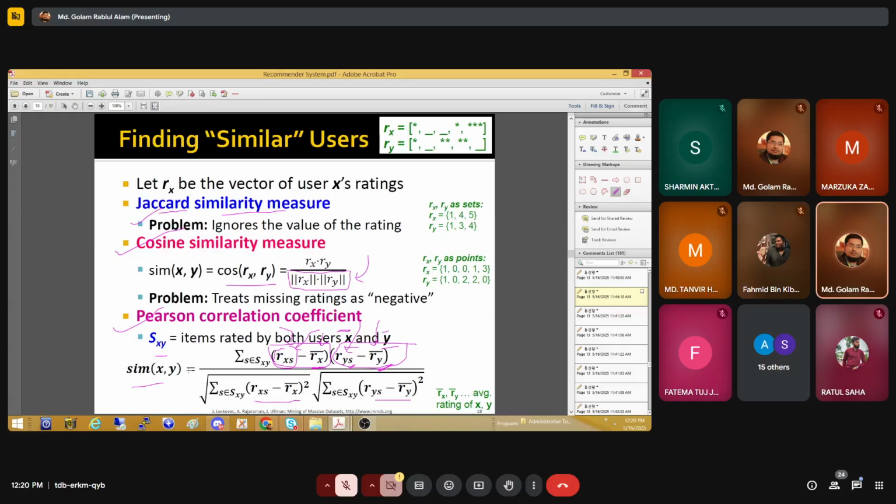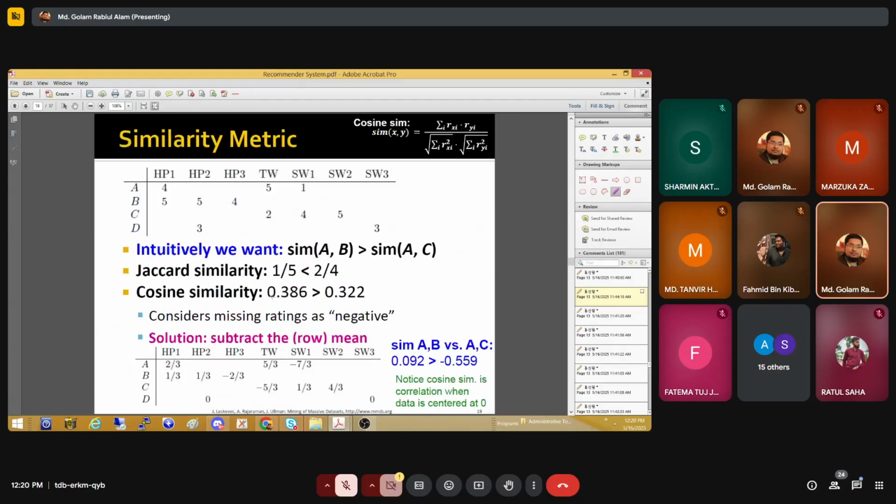Okay, correlation coefficient, that is the kind of the similarity. So let's say we have A, B, C, and D, those four users, and we can say these are the movies like Harry Potter 1, Harry Potter 2, Harry Potter 3, Twilight, and maybe SW1, SW2, and SW3.